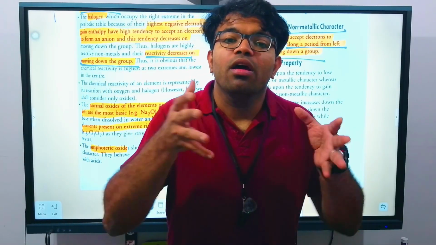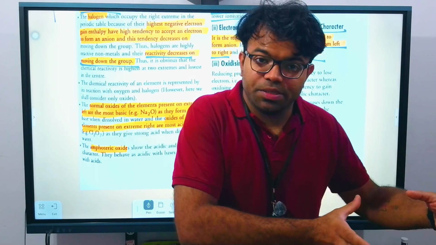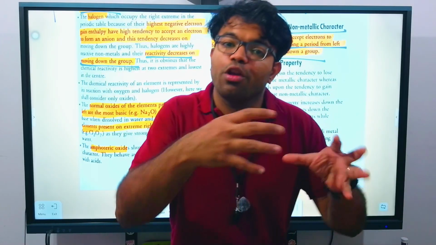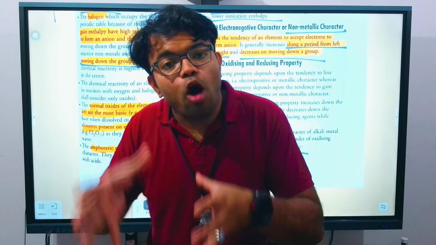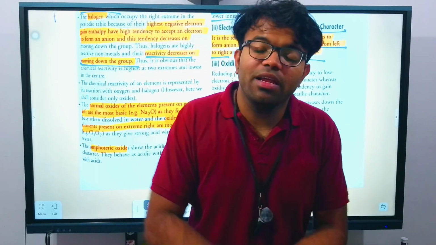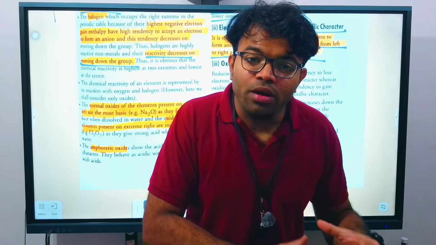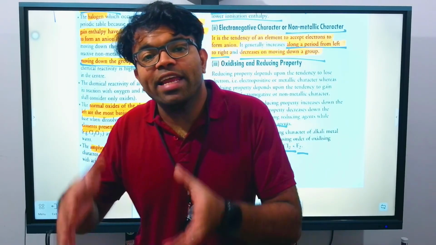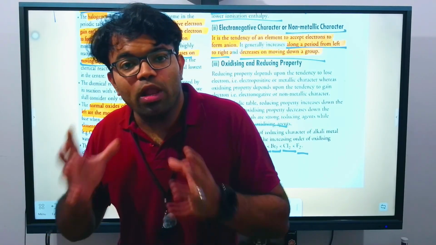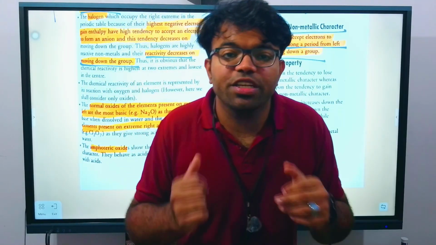So a more electronegative element, a more non-metallic character element will be a better oxidizing agent. Similarly, a more electropositive element, a more metallic character element will be a better reducing agent.